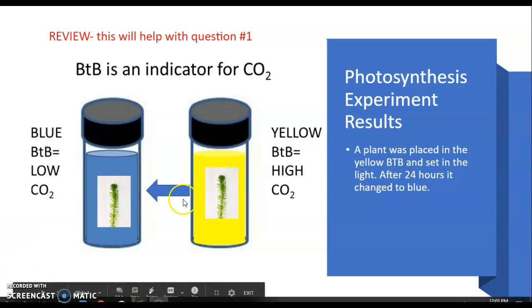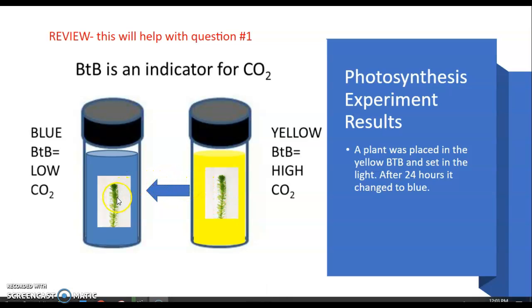When we put a plant in the yellow solution overnight, we saw that in the light, the solution turned blue. So we realized that after 24 hours, the evidence was it turned blue. Reasoning is the plants did photosynthesis in the light. The photosynthesis used carbon dioxide as a reactant and removed it from the solution, so the solution turned back to blue.